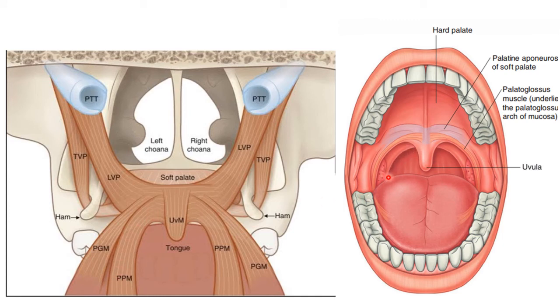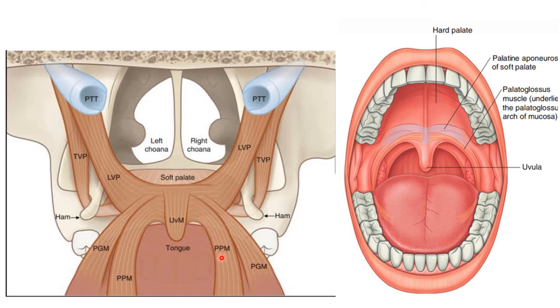It descends downward in the palatopharyngeal arch or fold and is inserted into the pharyngeal wall. So this is the palatopharyngeus muscle. It is inserted into the pharyngeal wall and the posterior border of the lamina of the thyroid cartilage.